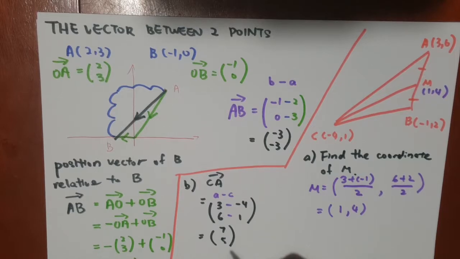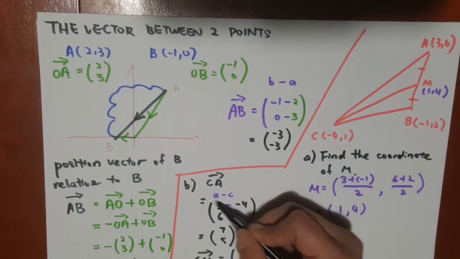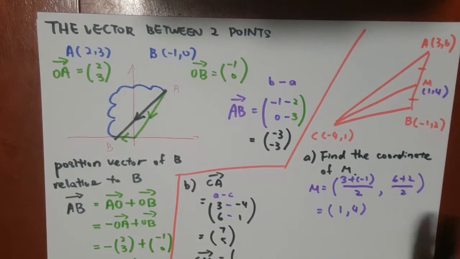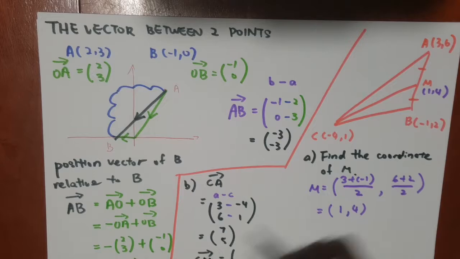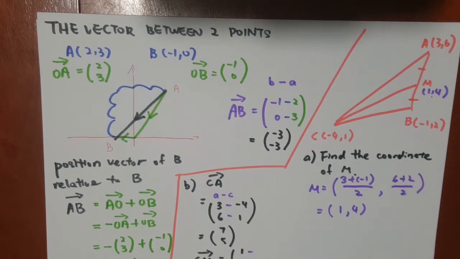And how about the vector CM? It's also easy. The vector CM is actually M take C. I'm not putting the guide here right now, I'm just doing it the really short way. M take C, M will be (1, 4), take is part of the formula, and C is (-4, 1). So I will get (5, 3). Can you see that it's a really fast way to do it?